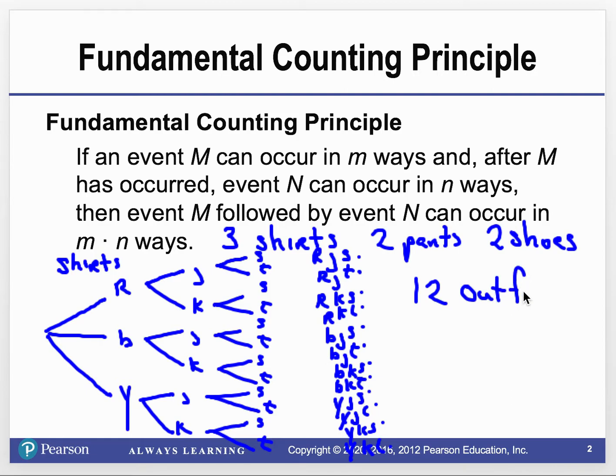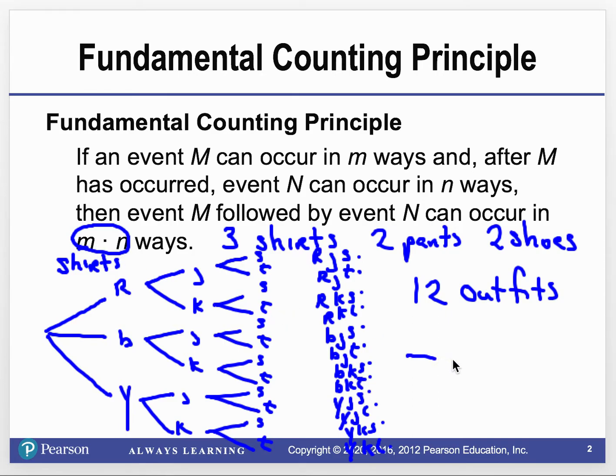12 possible outfits. The great thing about the tree diagram is that it tells us what every one of those outfits are. So then I could ask various questions about particular outfits. But if my question was just how many outfits do I have, this fundamental counting principle tells us that all we have to do is multiply my options together.